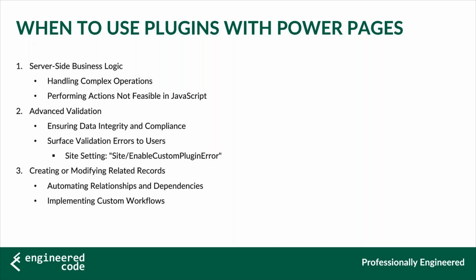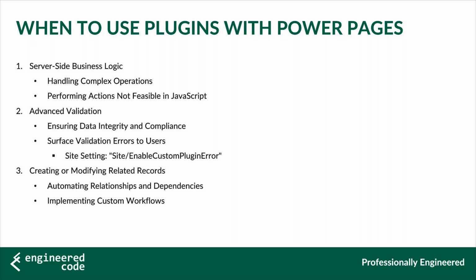Now, with plugins, you can throw exceptions when validation fails. And if you enable the appropriate site setting, which is called Site/EnableCustomPluginError, these exceptions will be displayed directly to your users. This ensures that users are informed immediately if their input doesn't meet the required criteria, enhancing the overall user experience.